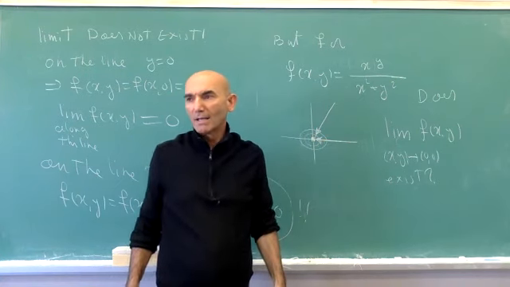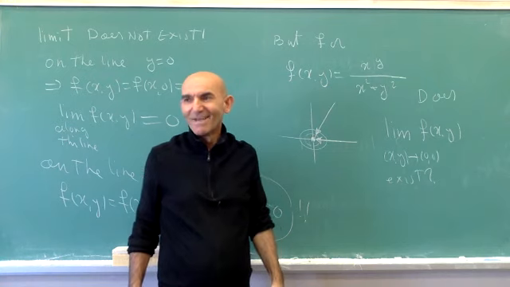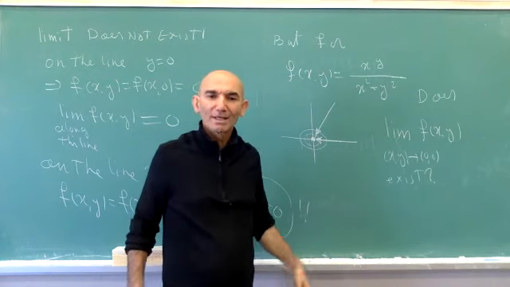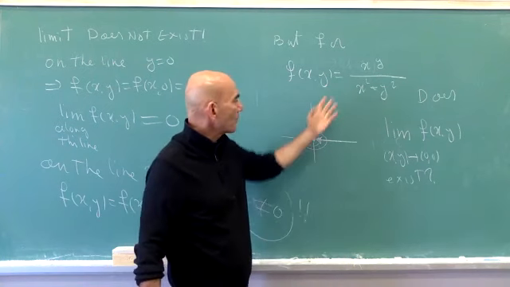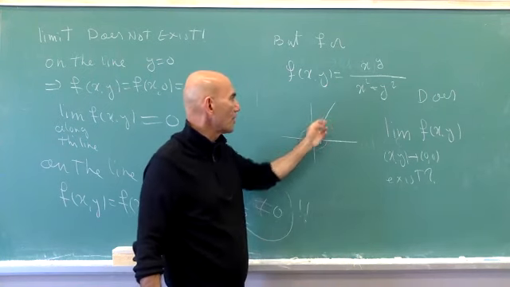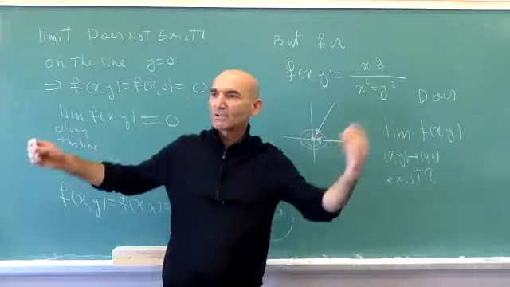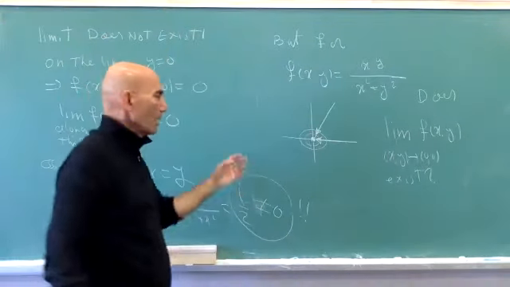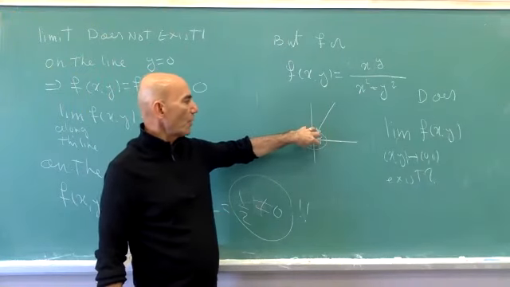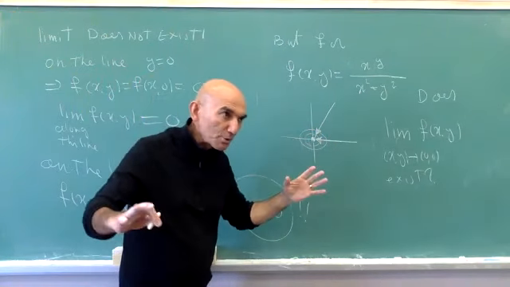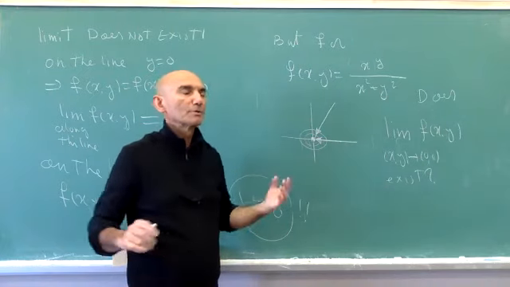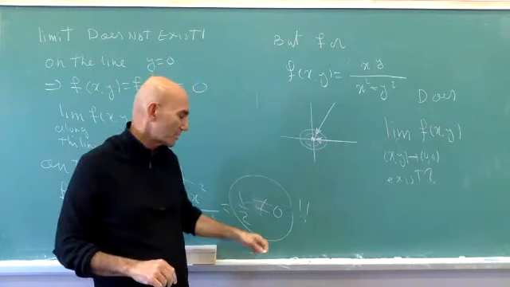You may go mad, but it's a good madness. I recommend it. Try that. Just imagine its profile. Put these things under the microscope and look. Imagine you are on this surface near x equal to 0. How does it look? It's a very nice question.